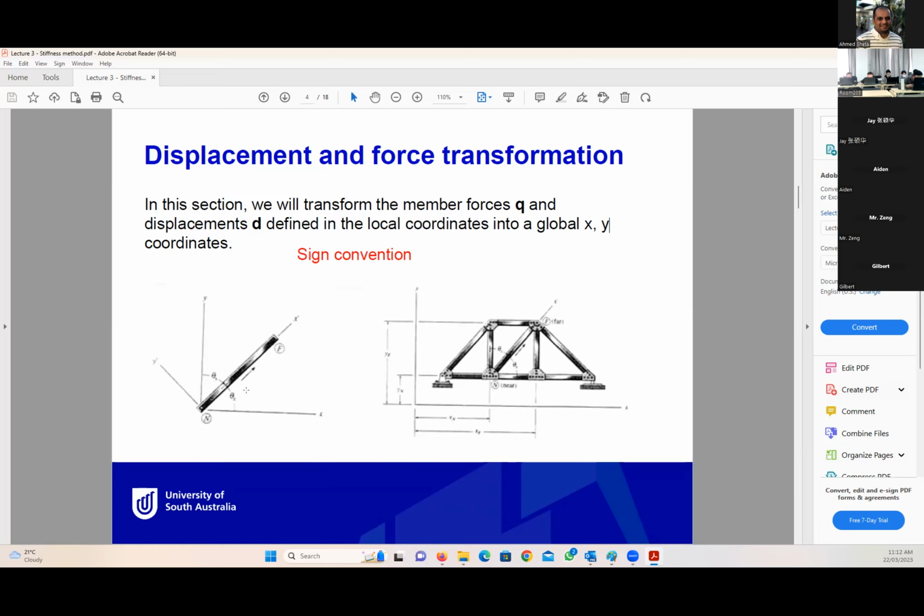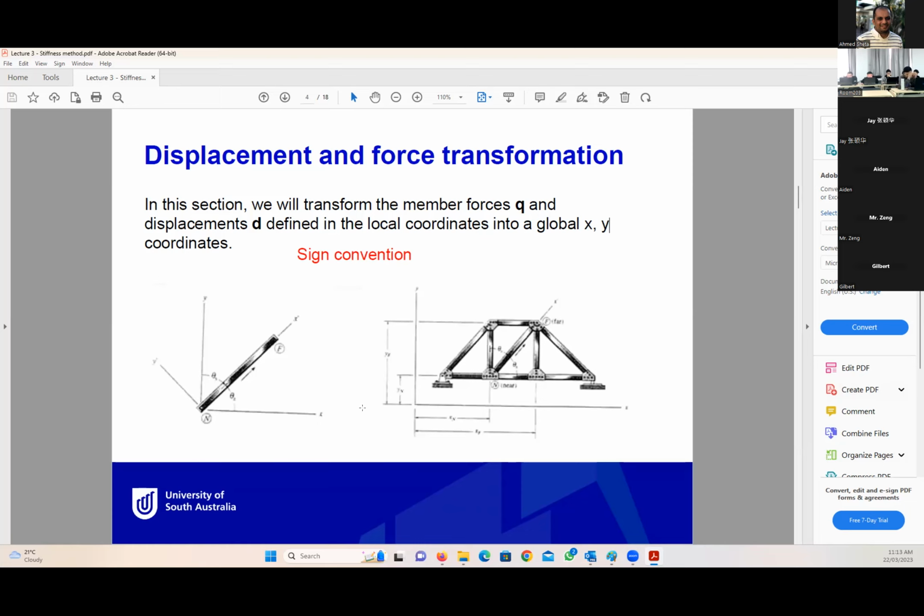This member starts from node N and ends at node F. The local axes are x dash in the member direction and y dash perpendicular to the member direction. The global axes are x and y, horizontal and vertical.